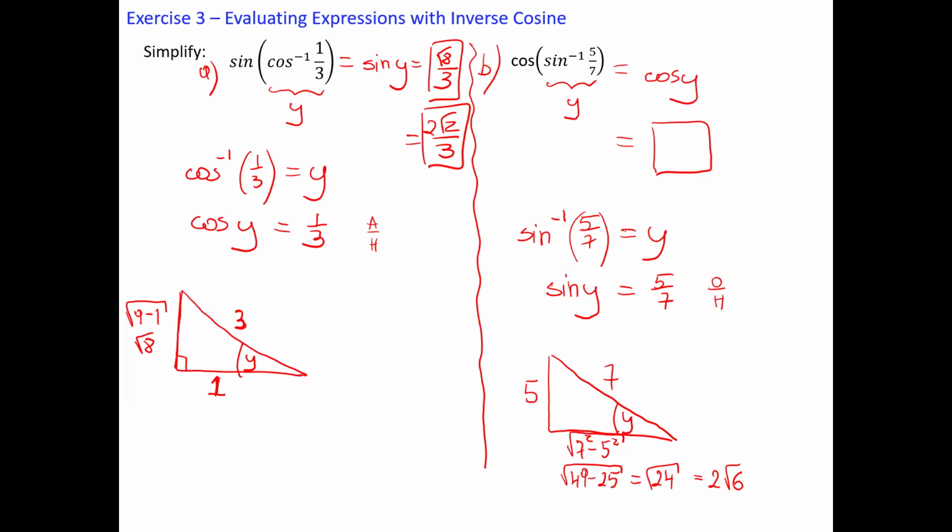Yes, you can always check, because the basic arithmetic is quite challenging. Now we have all of the sides and we need cosine. Cosine will be adjacent over hypotenuse, 2 root 6 over 7. Yes, 24 is 4 times 6, square root of 4 is 2, 2 root 6. Beautiful. And everything is in the domain.